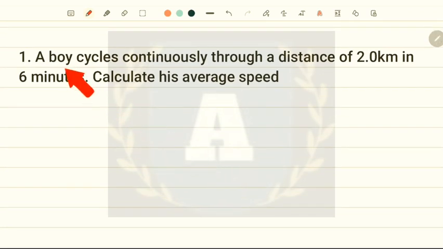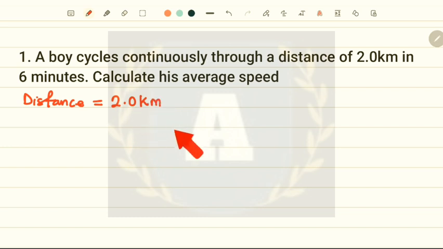A boy cycled continuously through a distance. So we've been given the distance to be 2.0 kilometers, which is 2 kilometers, in 6 minutes. So the time t is 6 minutes.